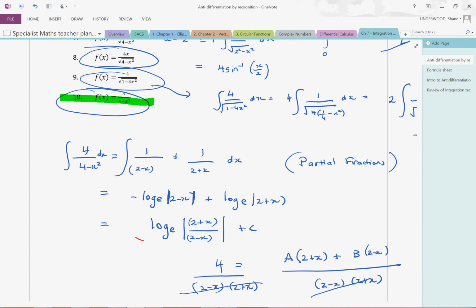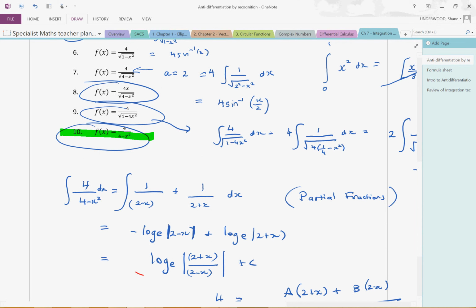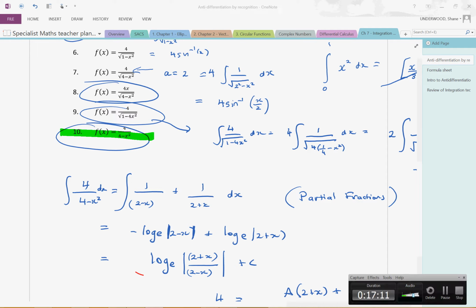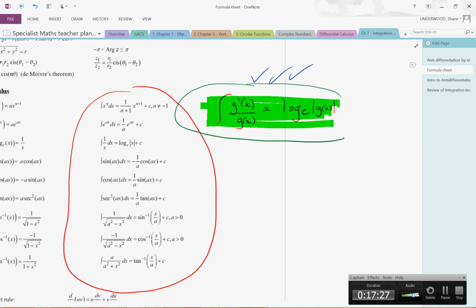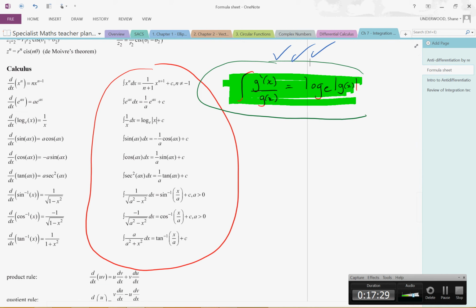So, how are we feeling about those? Pretty much what I'm saying to you is that yeah, we're still going. This substitution method, I'm going to go through, and this one here, partial fractions, we're going to go through some more, but you should find them pretty straightforward once you get the hang of them. I will also say that going to your formula sheet, this has to be memorised.